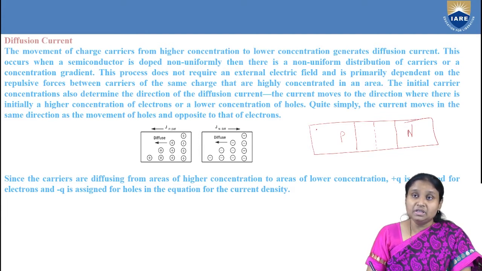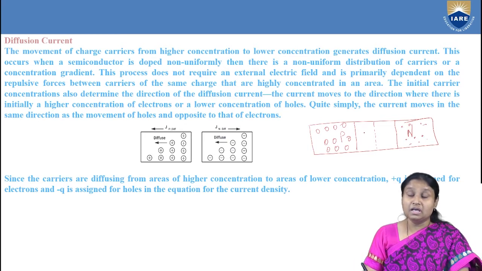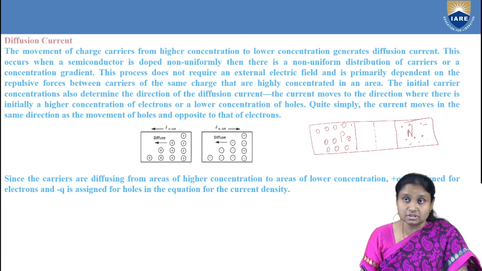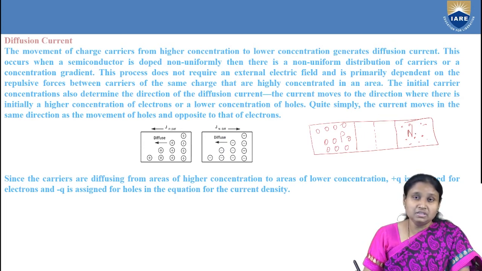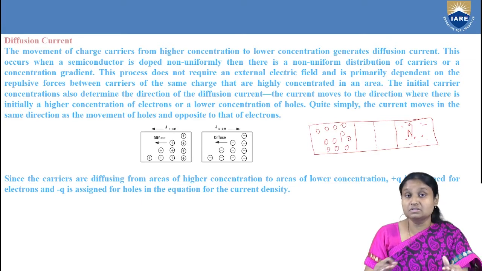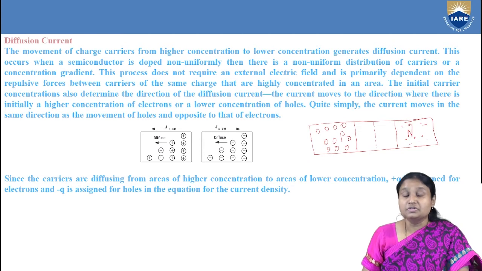In P-type semiconductors the majority charge carriers are holes, and in N-type semiconductors they are electrons. Once the PN junction is formed, P-type has a higher concentration of holes, whereas N-type has a very small concentration of holes. Because there is a change in the concentration of charge carriers, the diffusion process takes place. So what exactly is diffusion?